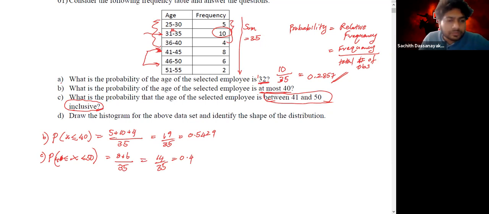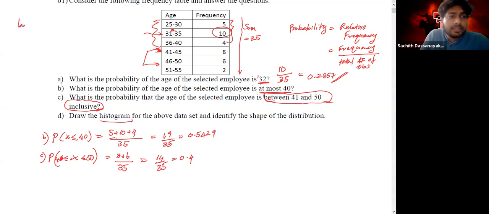Okay, last one: draw the histogram for the above data set and identify the shape of the distribution. Draw the histogram. It is not about the bar chart. Do you know the difference between a bar chart and a histogram?